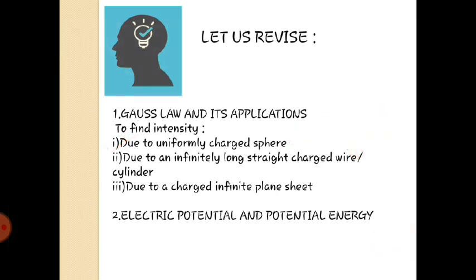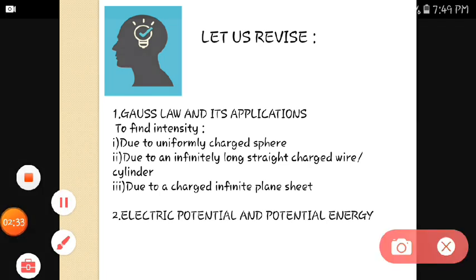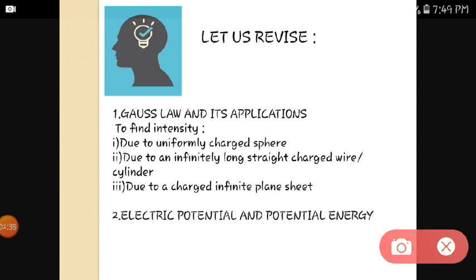Alright, and the second one, which is due to an infinitely long straight charged wire, or we can call it a cylinder, we have derived the expression for it, and that is E is nothing but lambda divided by 2 pi epsilon 0 r.